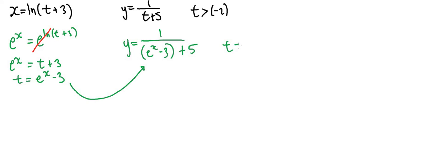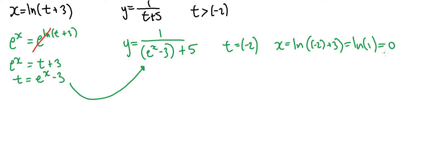When t is equal to minus 2, my x is equal to the natural log of minus 2 plus 3, which is the natural log of 1, which we all know, hopefully, is equal to 0.